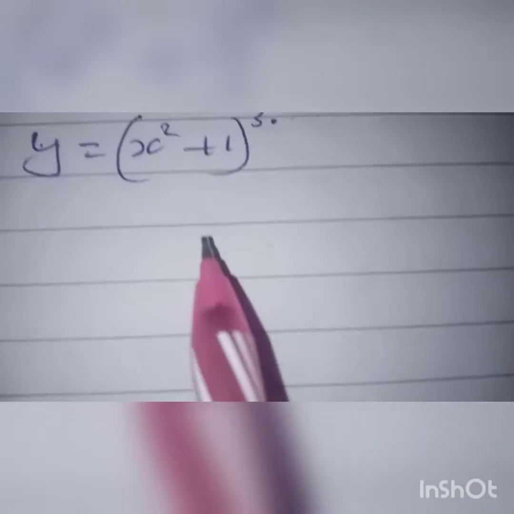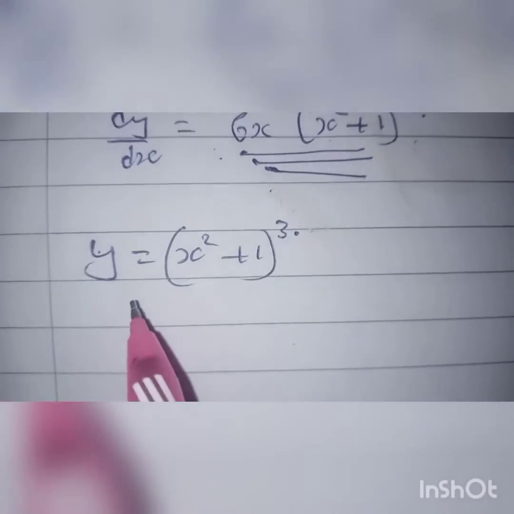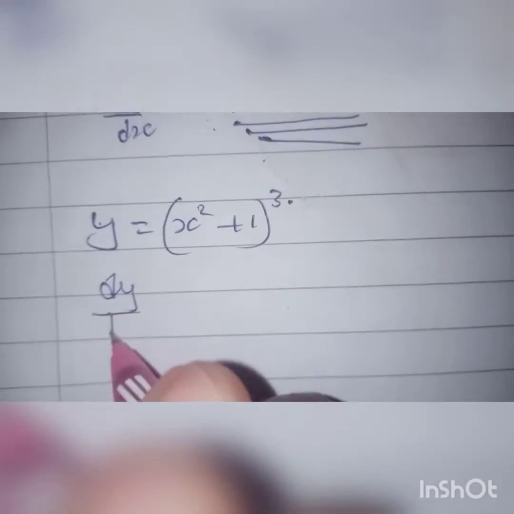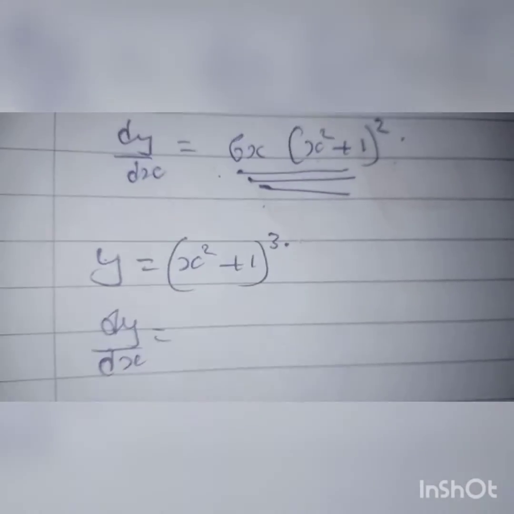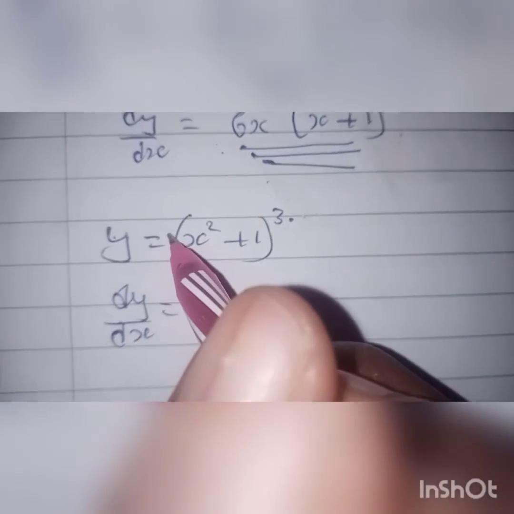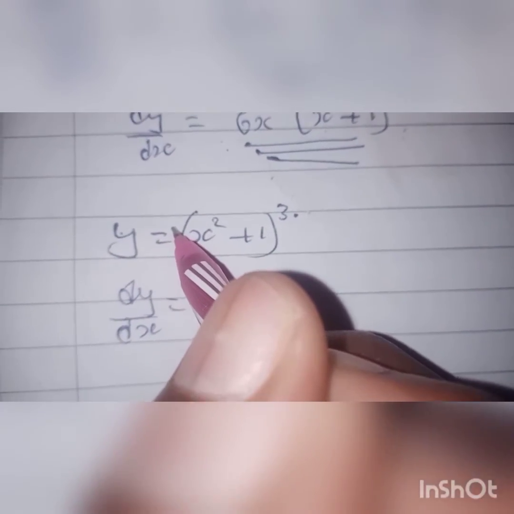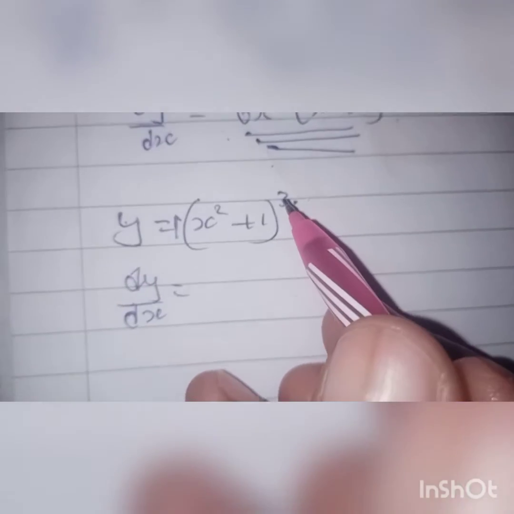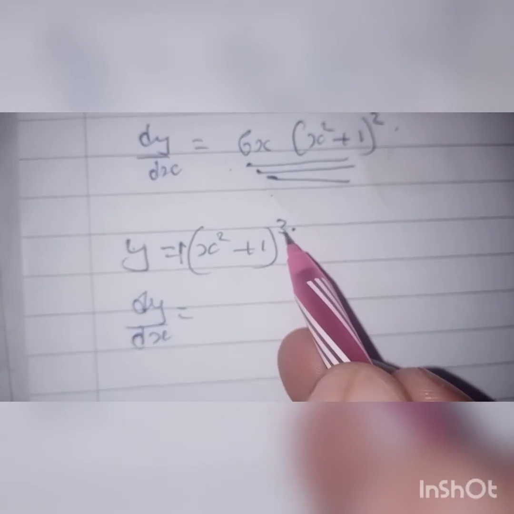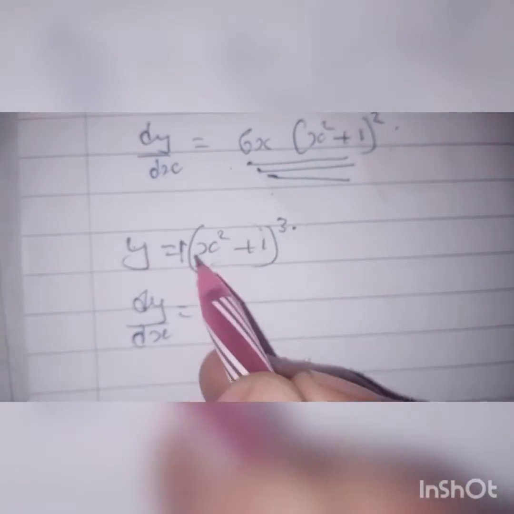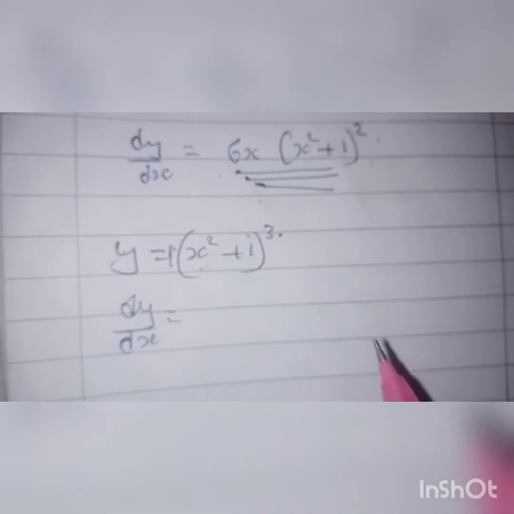Now let's apply it here. Therefore, dy/dx, without substituting, you can just simply do it like this. Now the coefficient of the outer function is 1. Therefore, you just ignore the inner function first and differentiate the outer function.